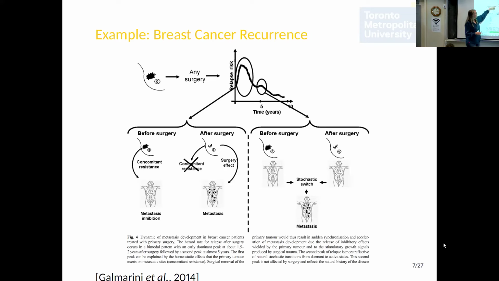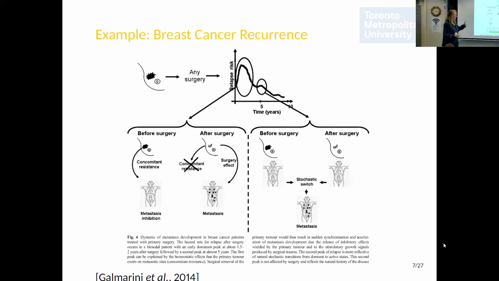The first bump is thought to be the awakening of metastases due to removal of the primary and the cause of the surgery, like the trauma of having the surgery itself, but also the removal of the primary tumor. What was the primary tumor emitting that might have been holding the metastases small? And then the second bump is more due to stochastic effects, accumulative mutations, et cetera.